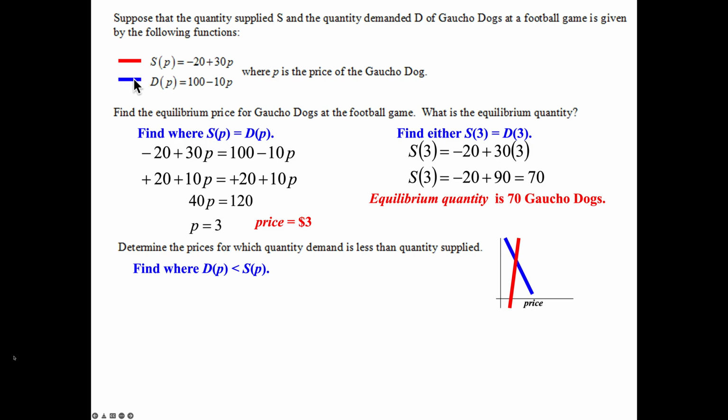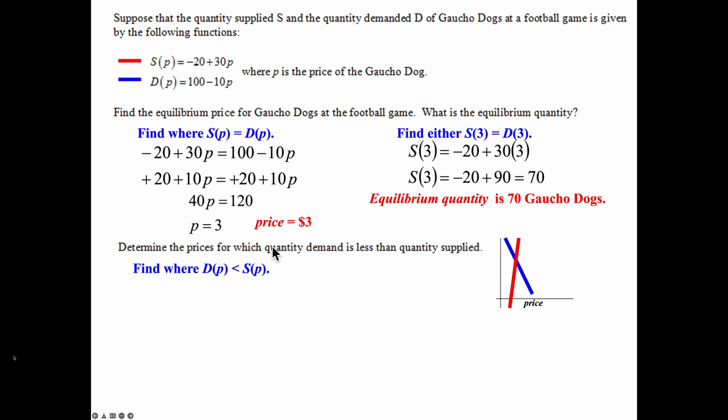When is the blue graph less than the red graph? So here the intersection, they're the same, but once I go past that intersection, which is 370, after $3 price, now the blue line is below the red line.